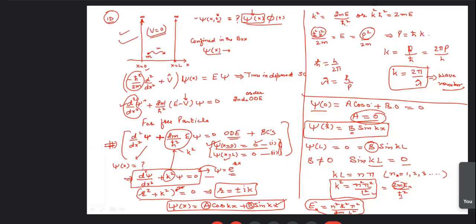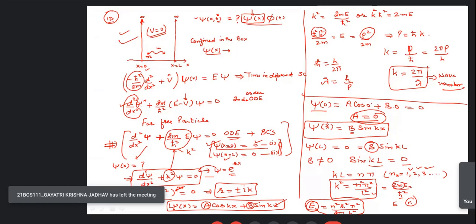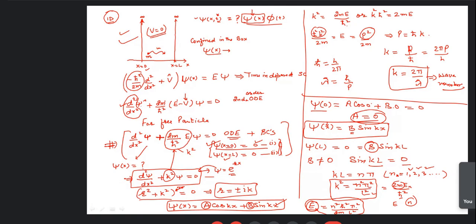So this is the expression for the energy of this particle, and this energy depends on n. For different n values, we get different energy states. For this given particle, which is confined to move in this box of length L, we are not varying L, it is fixed. The mass of this particle is fixed, everything is fixed.